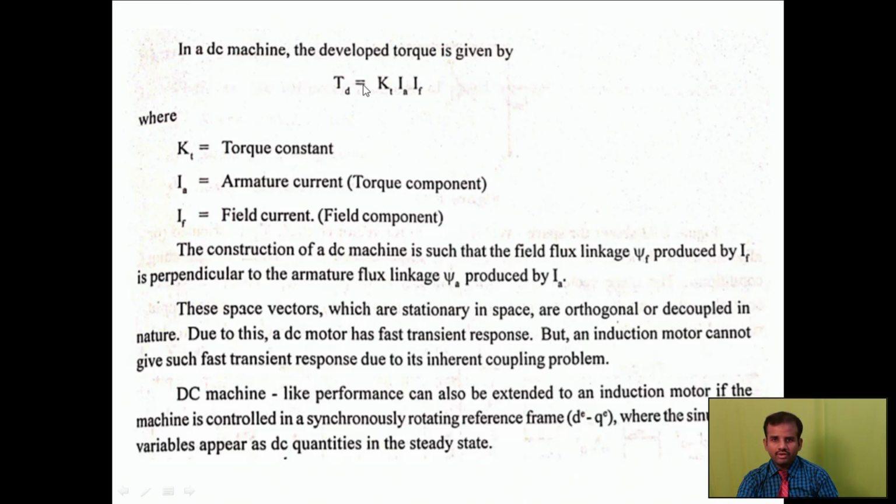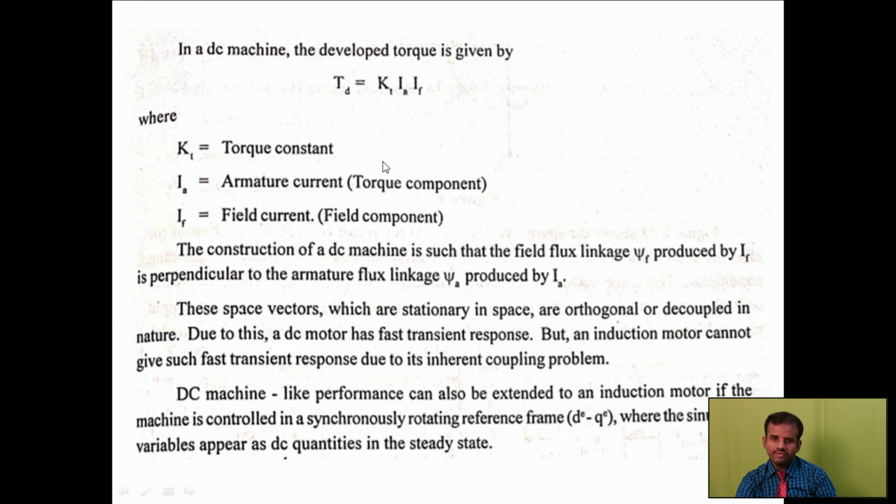In a DC machine, the developed torque is given by TD equal to KT IA into IF. Here KT is the torque constant, and IA, the armature current, is the torque component. IF is the field component.